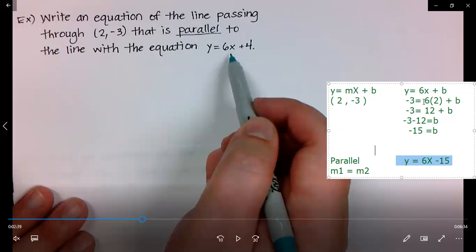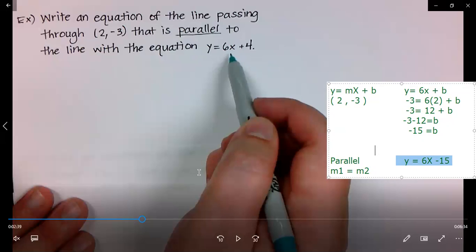It will be negative 3 equal 6 times 2 plus b. Then negative 3 equal 12 plus b. Transfer b to the opposite side with different sign. It will be negative 15 equal b. Then y equal 6x minus 15. Then once you have parallel, cut and paste. We have same slope.